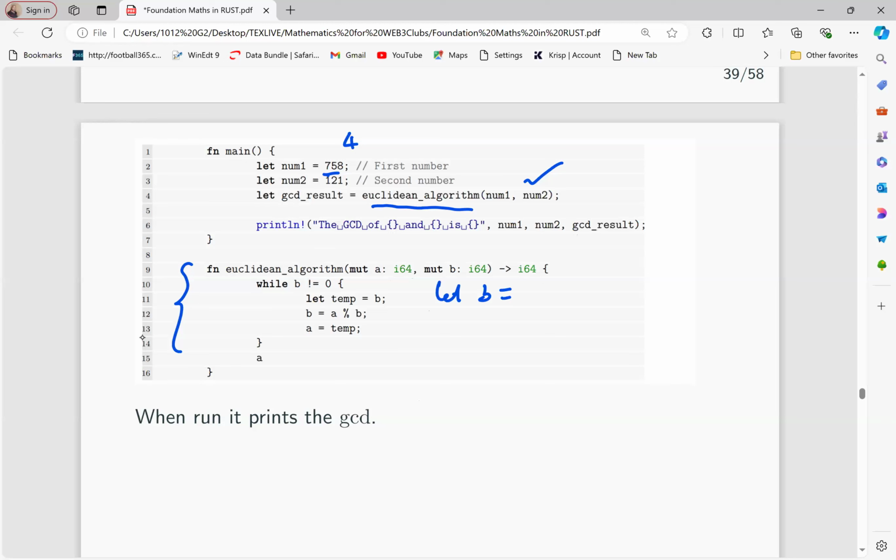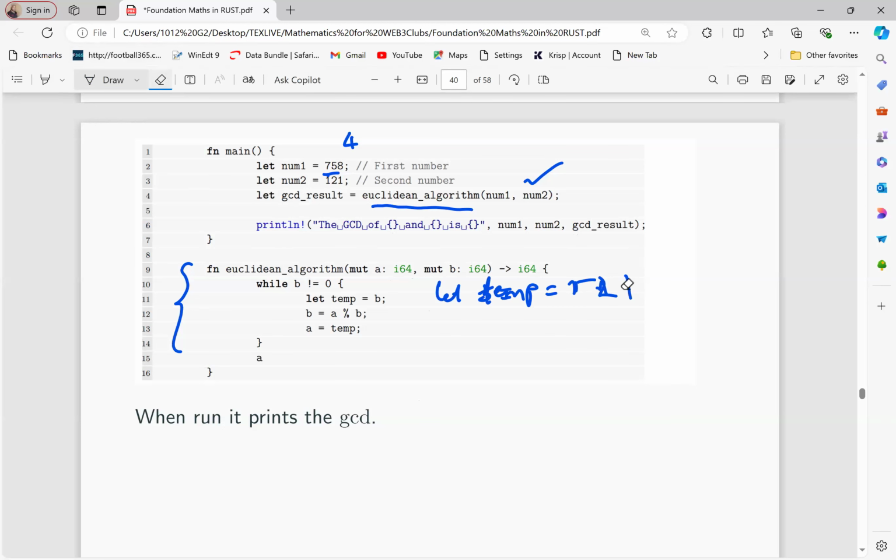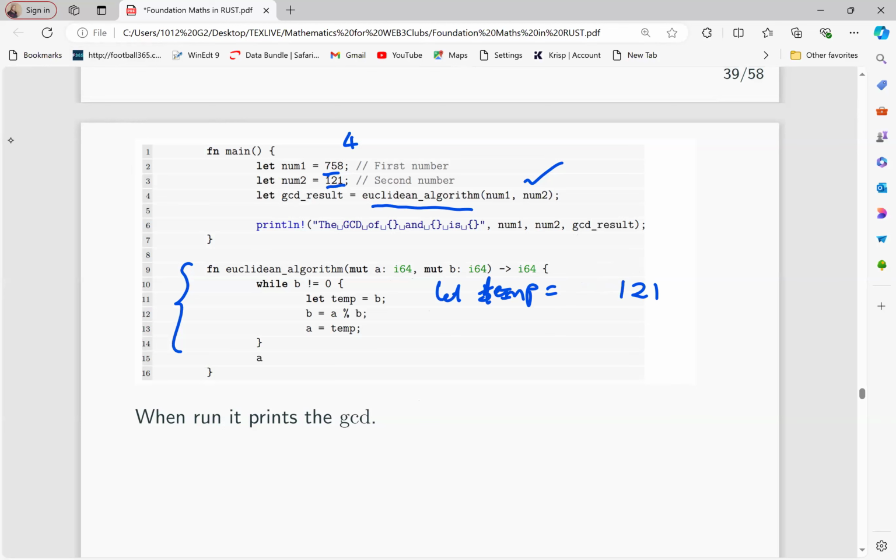We let B be temp, so that means it's temporal. This B here that we're beginning with is temporal. We've said this thing is mutable, so it's changing. That's why temp is used.